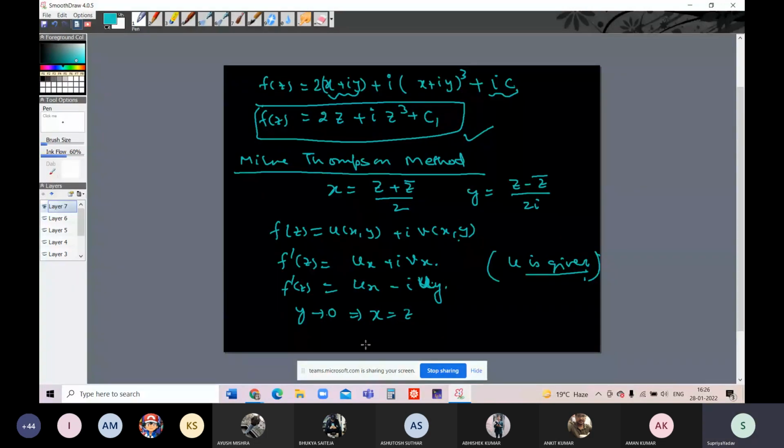In that case, you know that the partial derivative with respect to x is again a function of x and y.